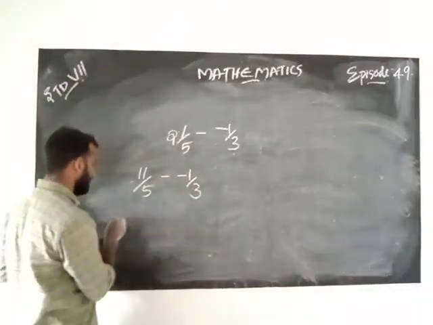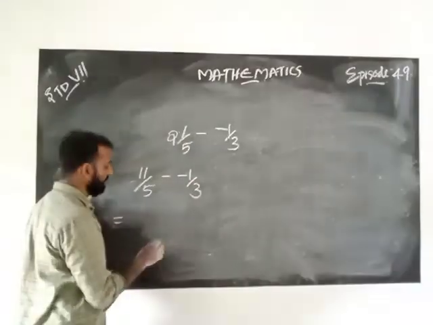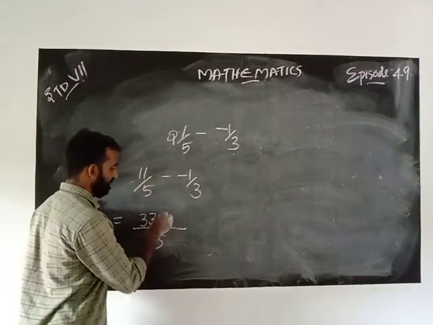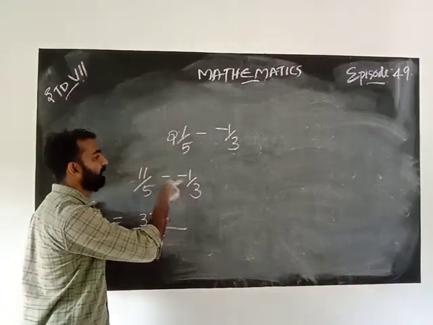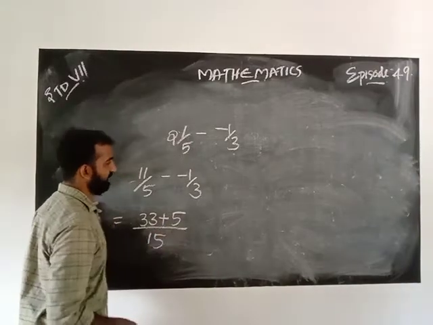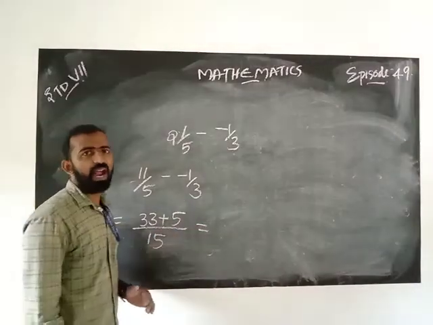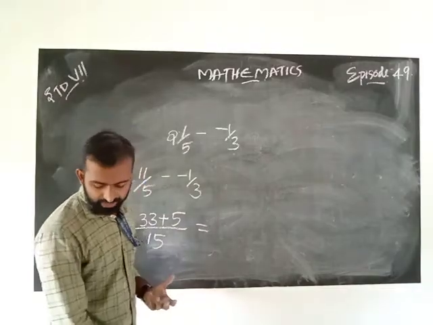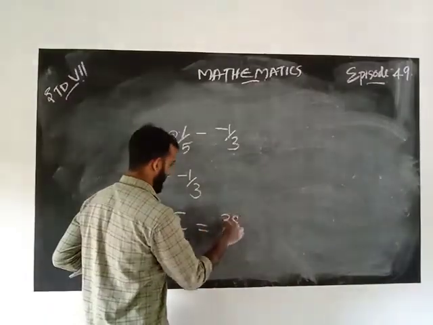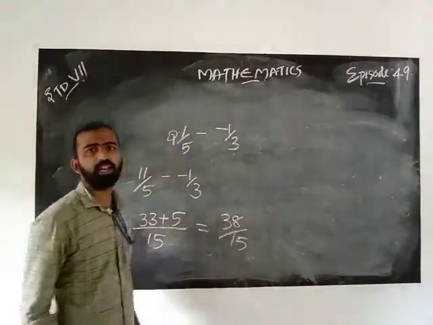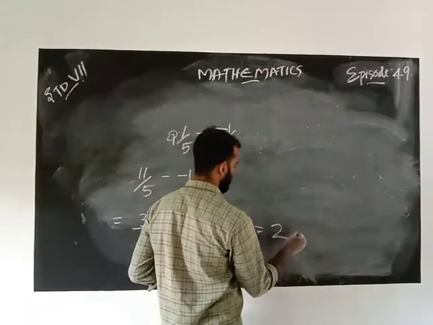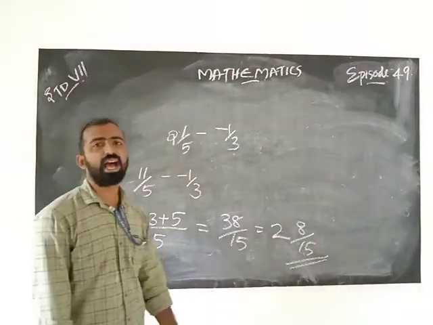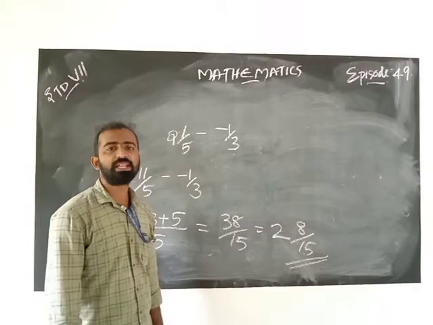The LCM of 5 and 3 is 15. We get 33 plus 5, because we take the additive inverse of negative 1 by 3, that is 1 by 3, and 1 into 5 is 5. So we get the answer as 38 by 15. That means 2 and 8 by 15 is the answer.